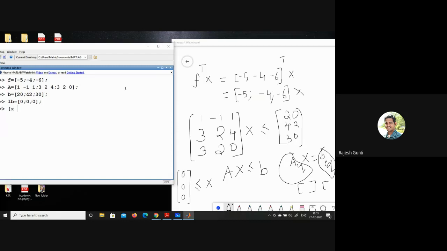My solution x, function value fval, is equal to linprog. This is the solver. Then f, A, b, empty for the equality, empty, then lb.